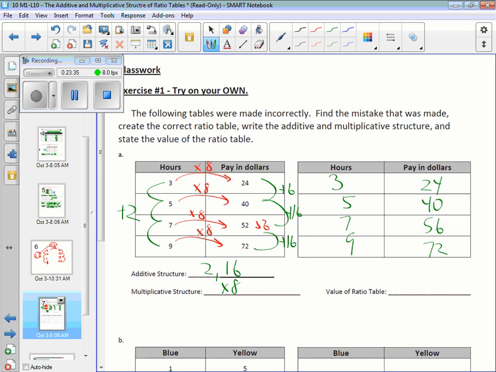Every table's additive structure reduces to its value of the ratio. What number goes into both 2 and 16? 1 to 8. Every additive structure reduces to the value of the ratio table. Okay? I get it. And even if that doesn't make sense to you, you've done value of ratio.